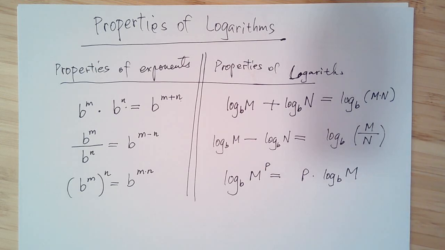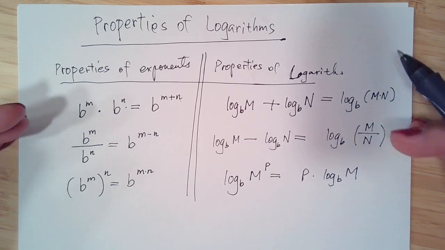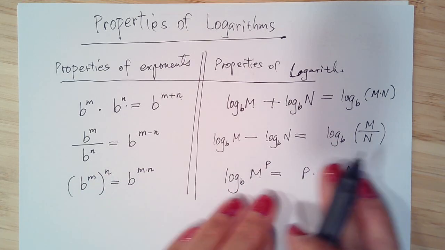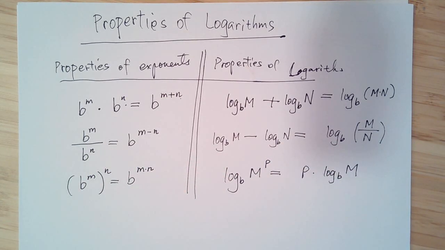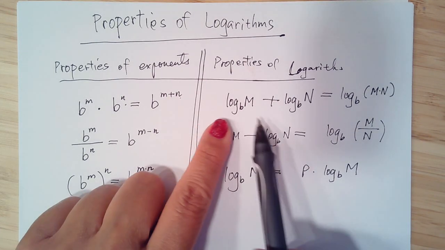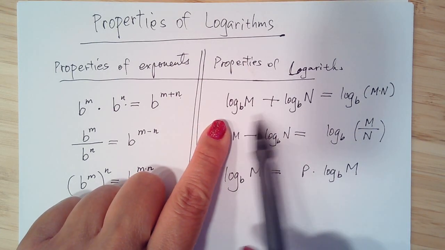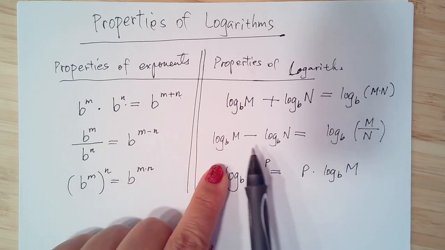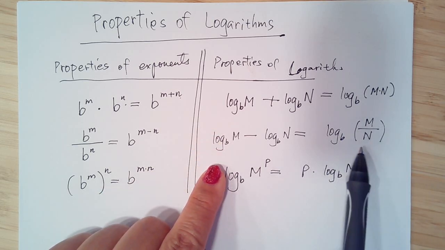I don't know how much you can remember this, but there are a lot of ways to prove the equivalency of these two sides. So I will not ask you to remember how to do it, but I do ask you to know all the properties. See, here is a log plus log with the same base. Log plus log is the log of the product. Log minus log is the log of the quotient, with the same base.